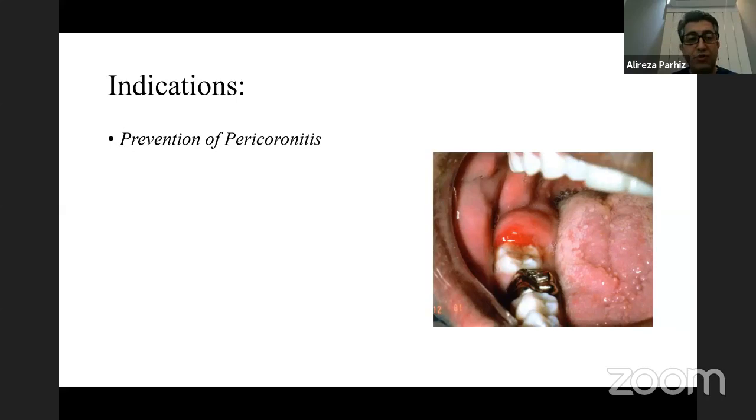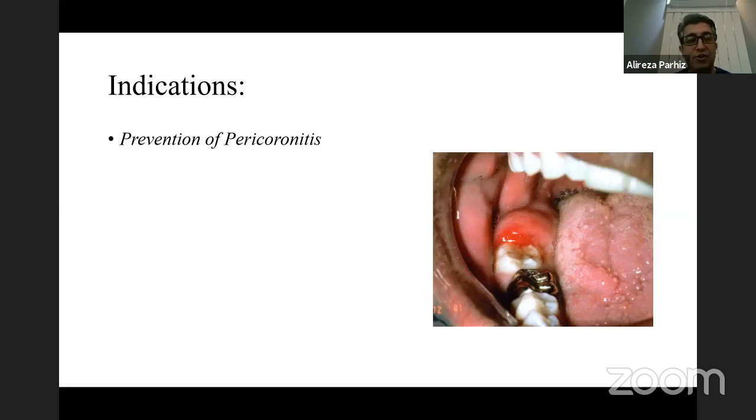Another reason to remove the third molar is prevention of pericoronitis, a situation which is sometimes life-threatening. It means that we have infection and inflammation of the soft tissue which covers the third molar in the distal part of the second molar.